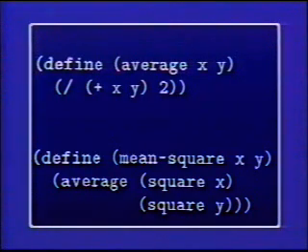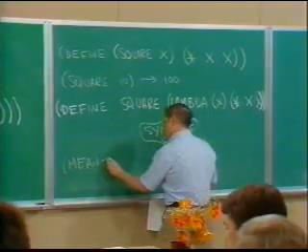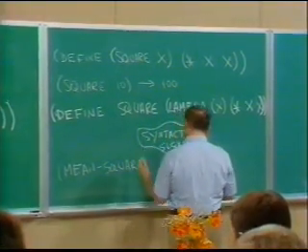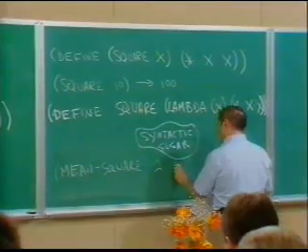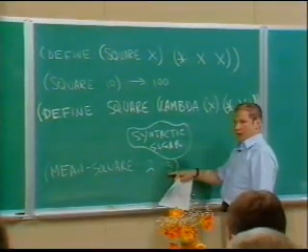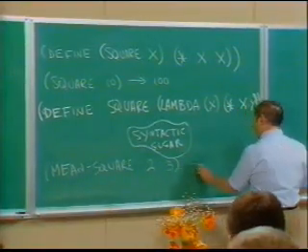So for example, I could say, what's the mean square of 2 and 3, and I should get the average of 4 and 9, which is 6.5.